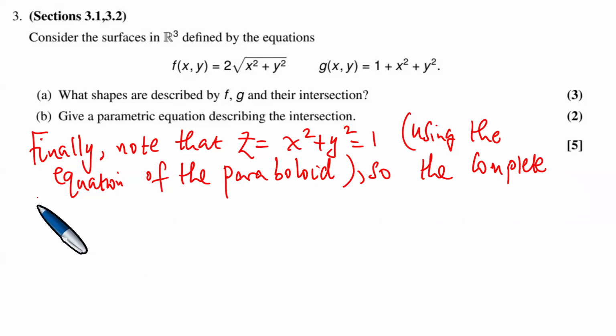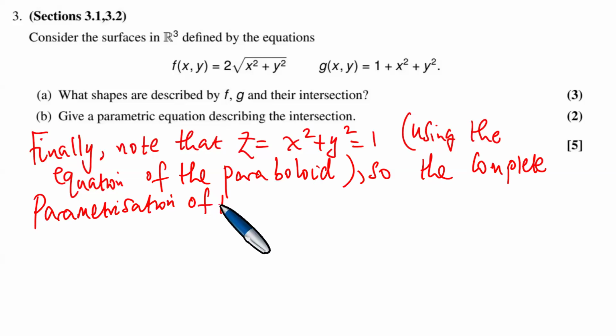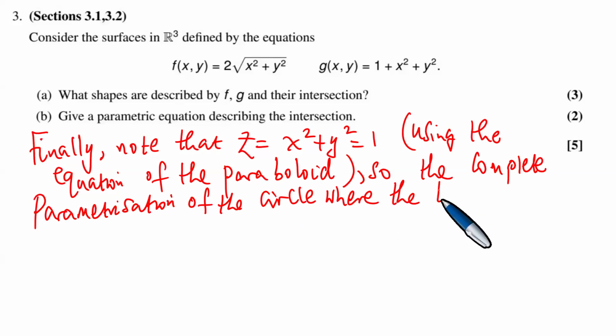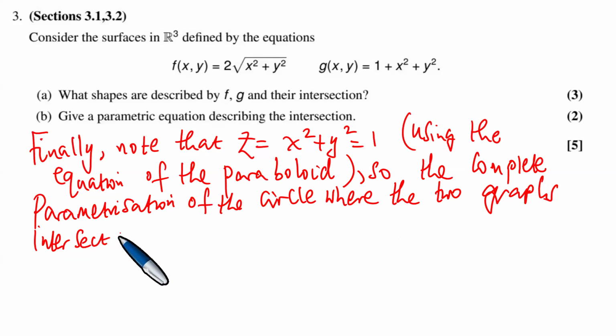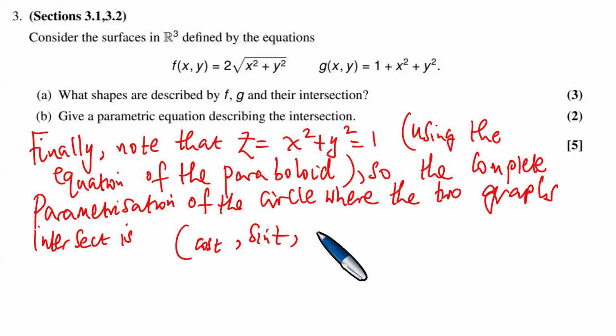So the complete parametrization of the circle where the two graphs intersect is (cosine t, sine t, 1), where t lies between 0 and 2 pi.